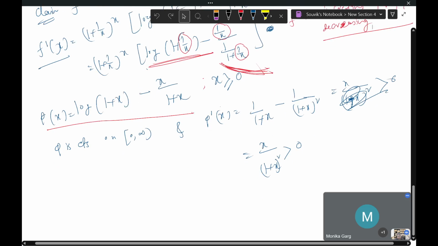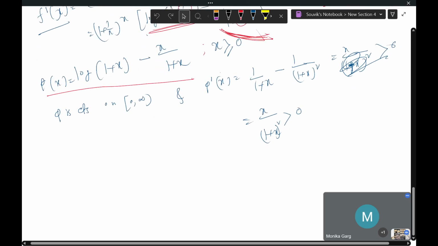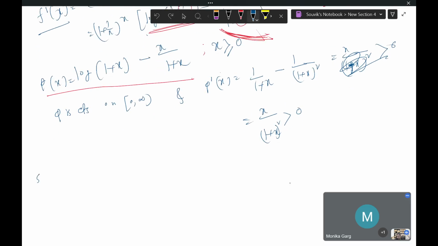So phi dash x is greater than 0. This tells us that phi is strictly increasing on [0, infinity).